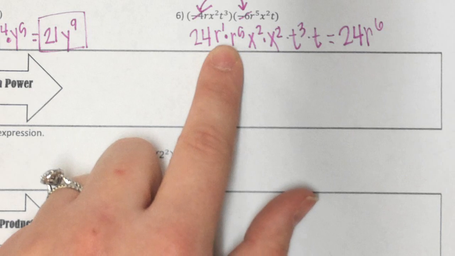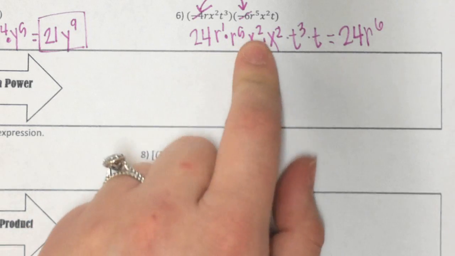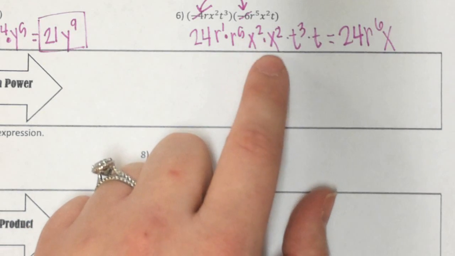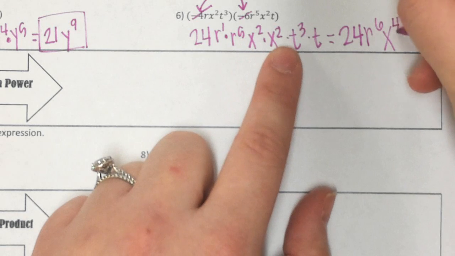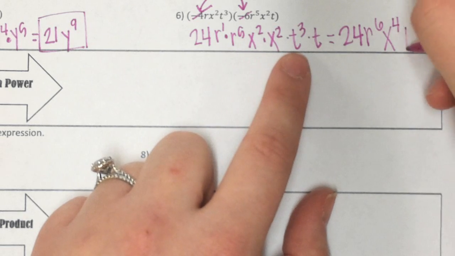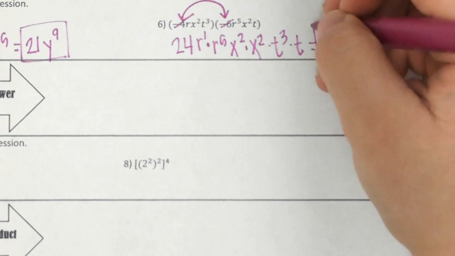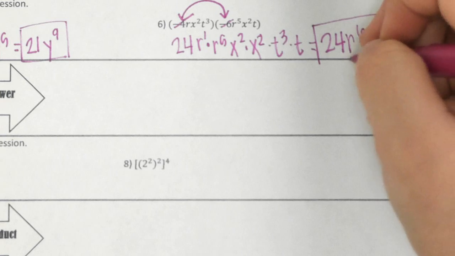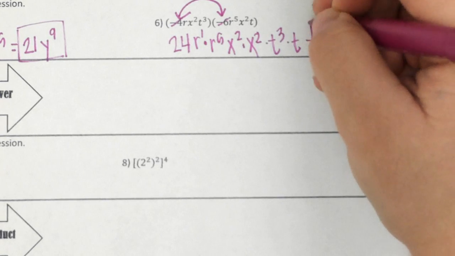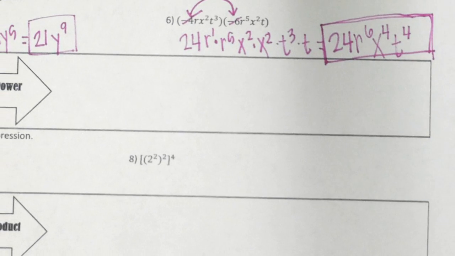You have to add them. So x becomes x to the 2nd plus 2nd is 4, t to the 4th. So when you're multiplying powers that have the same base, you really add them.